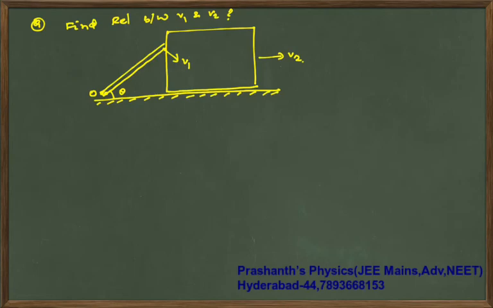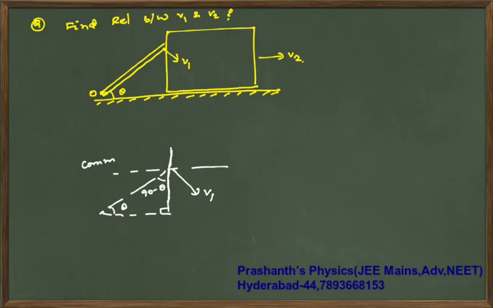So, as I have discussed, this will be your common normal. V1 is this way. This angle, if it is theta, then 90 minus theta, this will become theta. This will become V2. So the component of V1 in the perpendicular direction, V2 is already this way. For V1 it is V1 sin theta this way, V1 cos theta this way. So your answer should be V2 is equal to V1 sin theta.